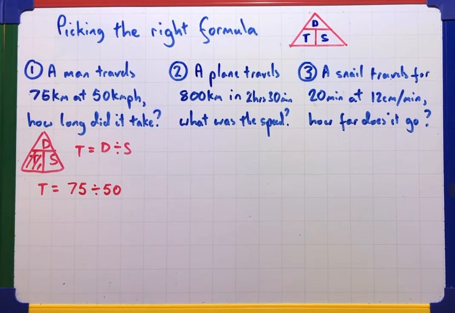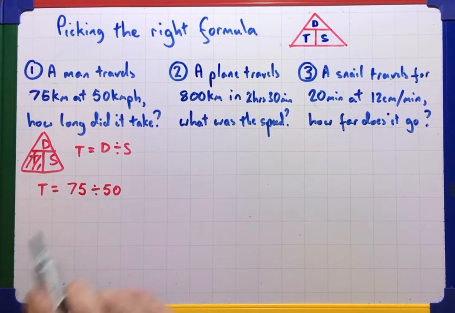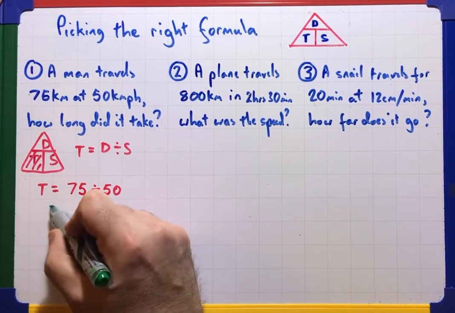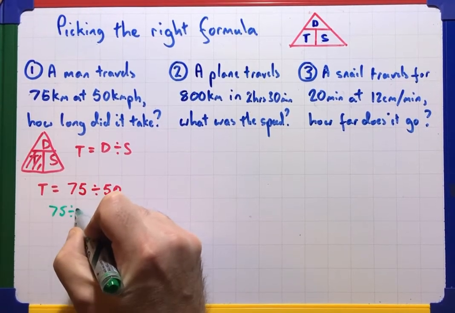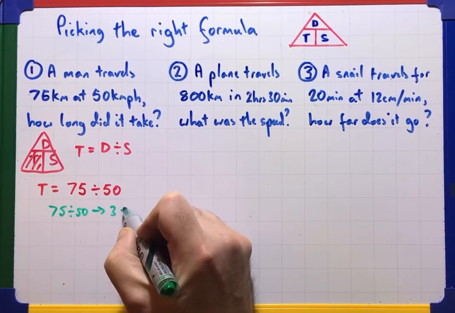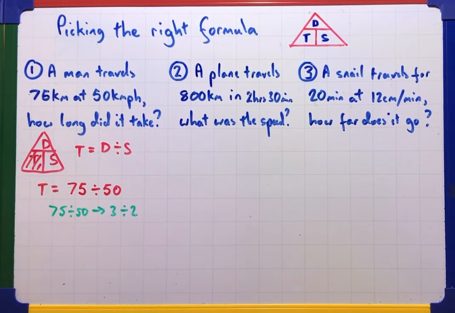Remember what I told you before? If we got 75 divided by 50, you can see 75 and 50 both divide by 25. So 75 divided by 50 is the same as doing 3 divided by 2.